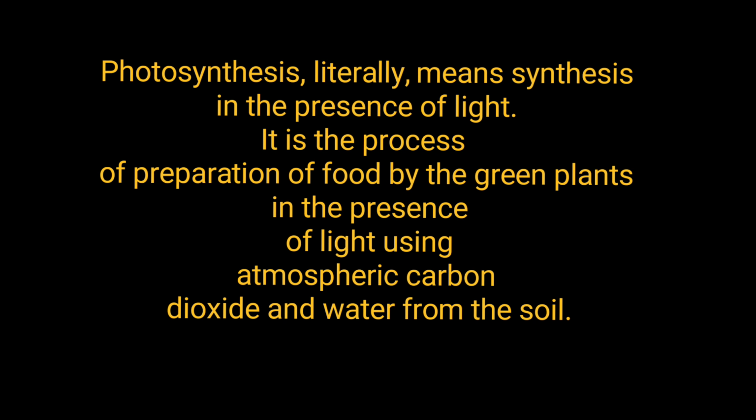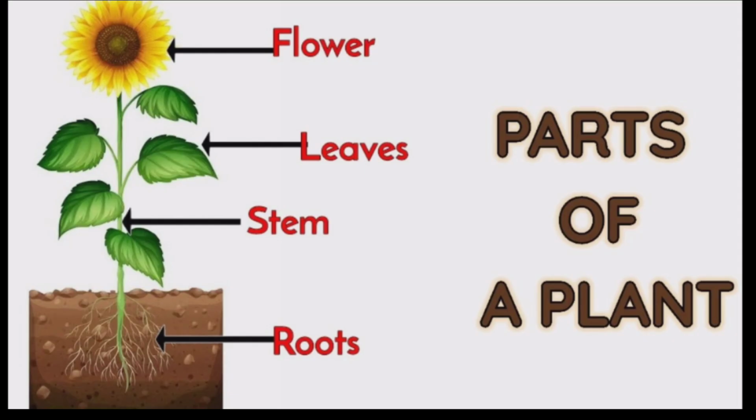Then where does this process take place in the plant body? How many parts are there in the plant? The parts of the plant are root, stem, leaves, fruit and flower. But we find that the green color is present only in leaves.